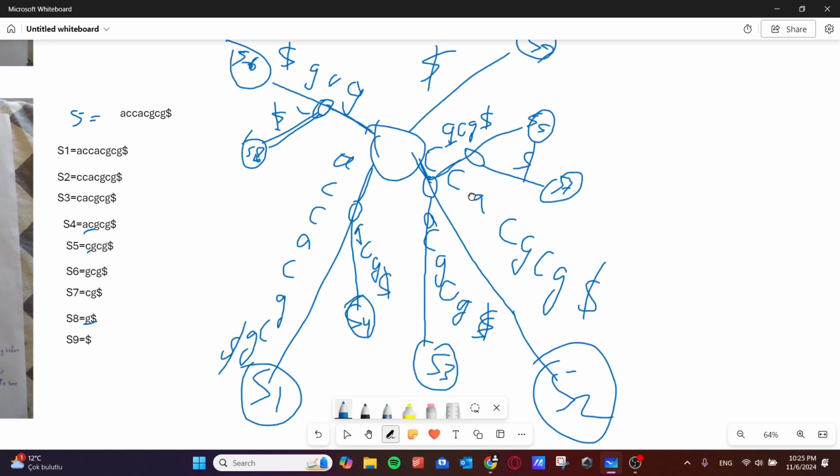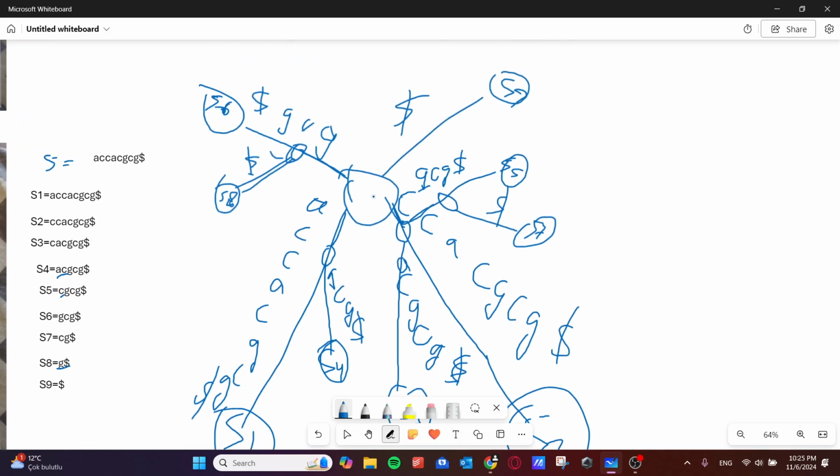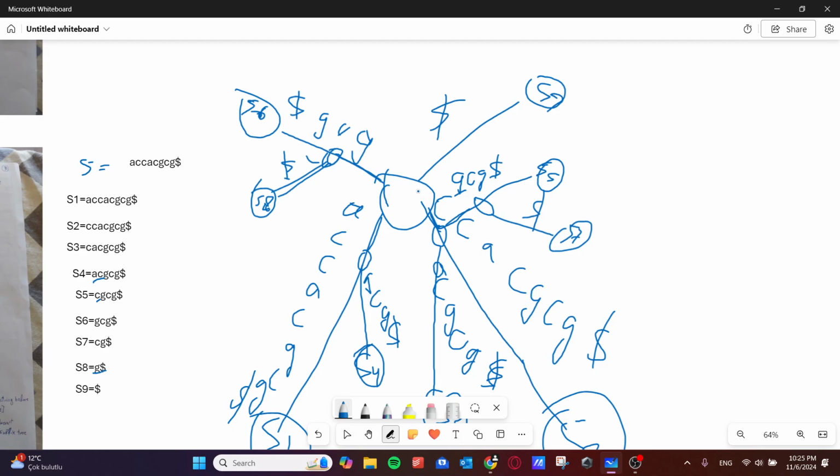Okay. So as you can see, each edge that is going out from the root node starts with a different letter. So here A, here C, here G, here dollar sign.